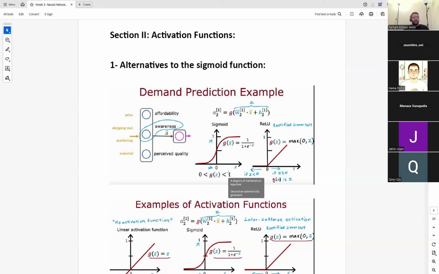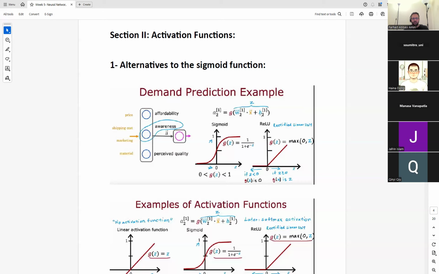There is another activation function which is called ReLU, or rectified linear unit. ReLU is the most used activation function in neural networks, and its function is very simple: g of z equals max of 0 and z. z is wx plus b, like always.